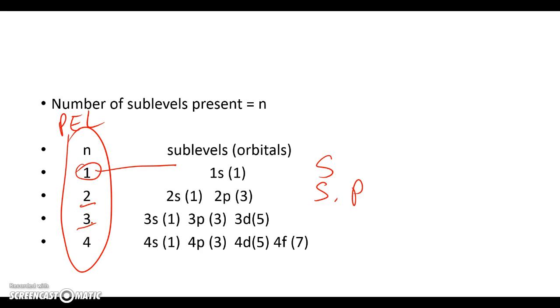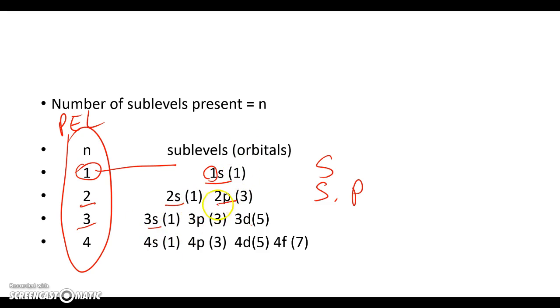Principal energy level 3 has 3 sublevels, s, p, d. Notice we write the designation as the principal energy level number and the specific orbital we're talking about. So 2s, 2p, 3s, and so on.